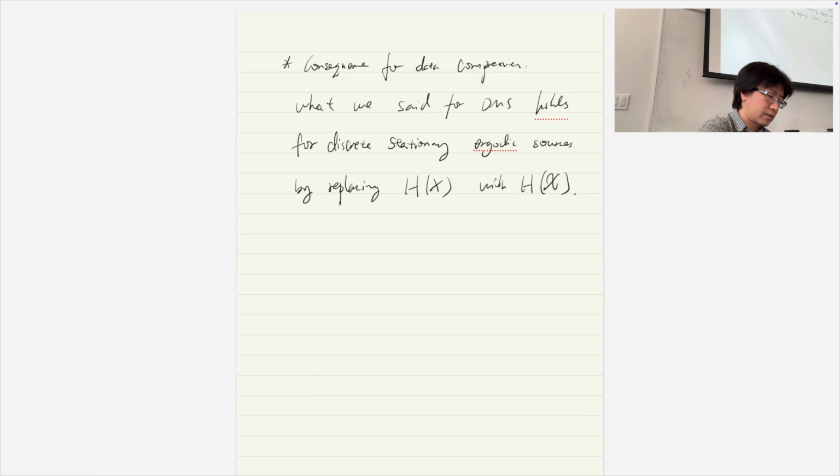Okay, no question, so let's continue. Let's talk about lossless source code. Now we consider the case where we don't have error, errorless, and then we'll go back to the case of error.